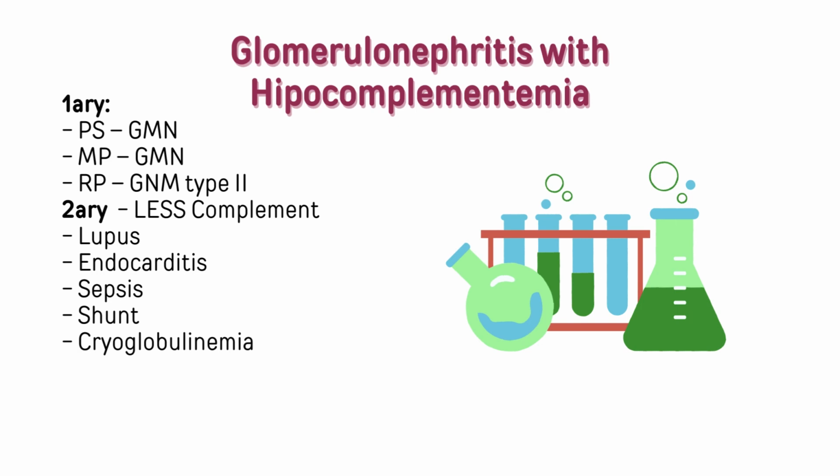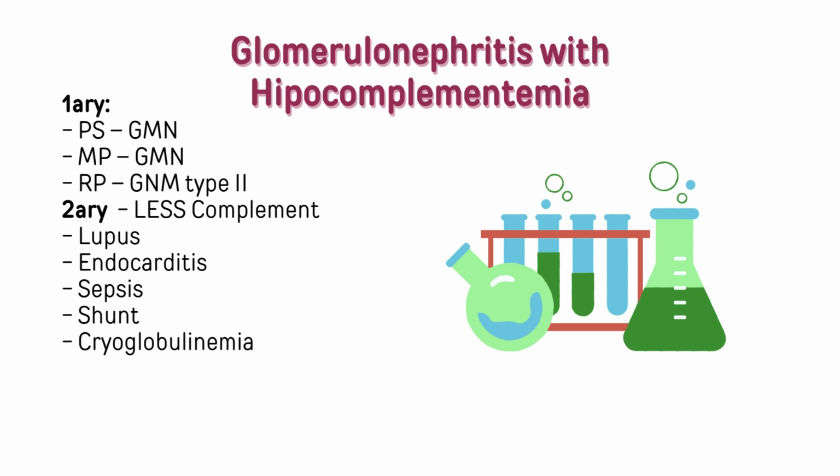Next should be identifying those diseases that course with hypocomplementemia. Here we can see a summary of those. The primary ones include post-streptococcal glomerulonephritis, membranoproliferative glomerulonephritis, and rapidly progressive glomerulonephritis type 2.